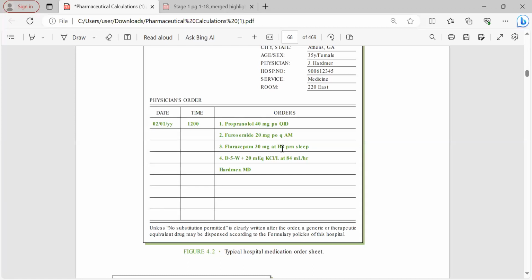Someone tell me what HS means before we get to those other ones. HS is bedtime.